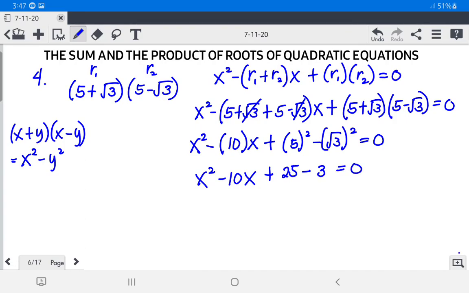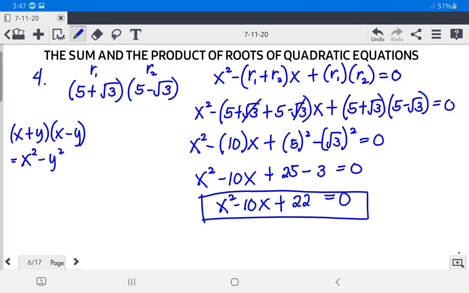Then we have here now x squared minus 10x plus 25 minus 3, we have 22, right? Then equals 0. So this is now the quadratic equation whose roots are 5 plus square root of 3 and 5 minus square root of 3.